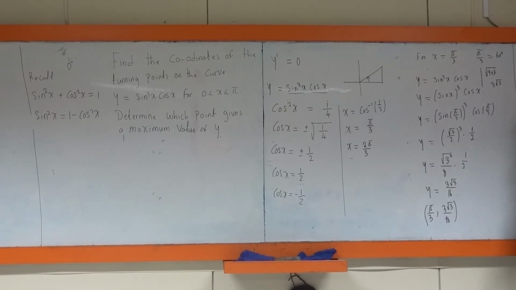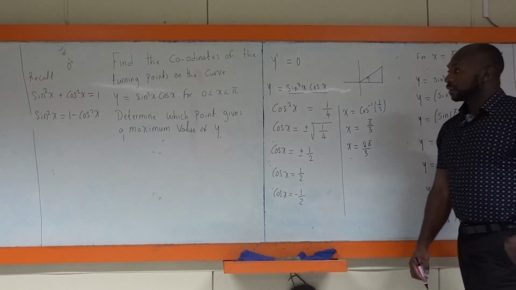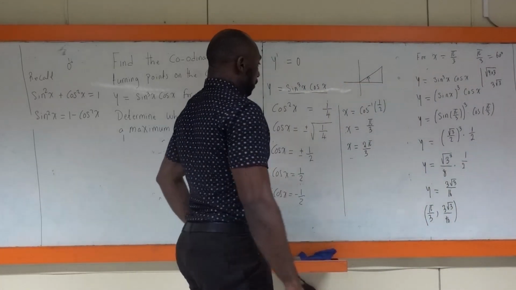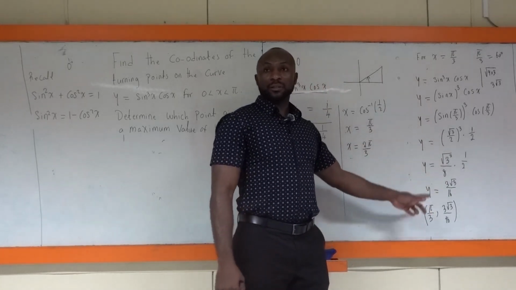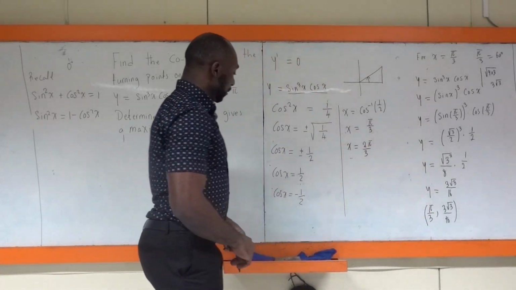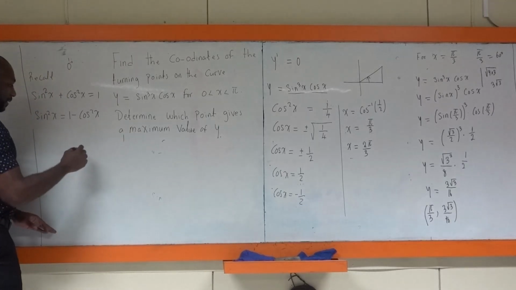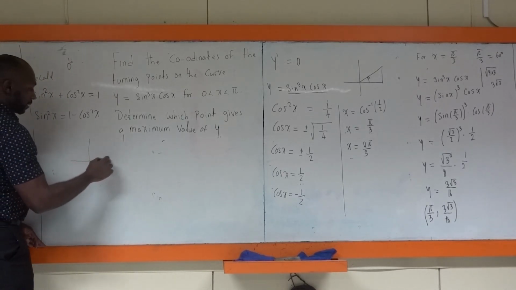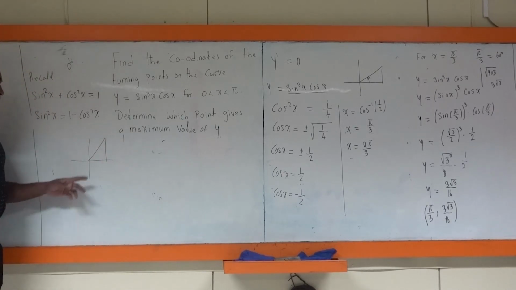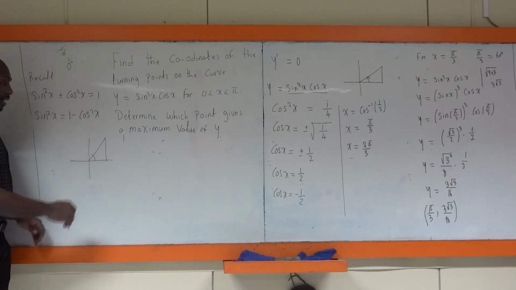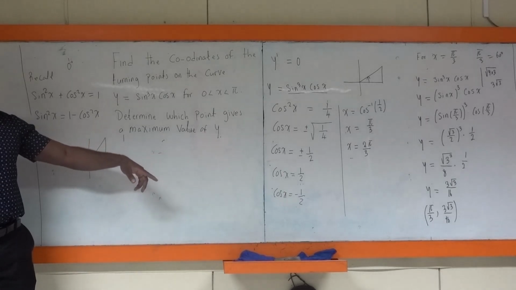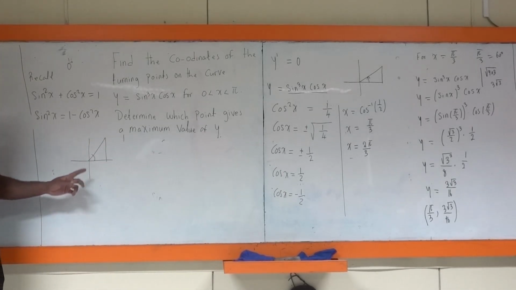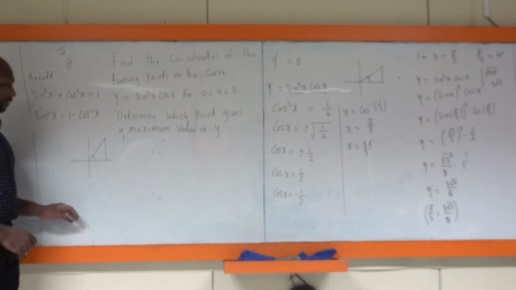Now, because I do not want to waste my time doing this calculation all over again, we know that in the first quadrant all the trig ratios are positive. Sine is positive, cos is positive, and tan is positive, and the angle is acute.